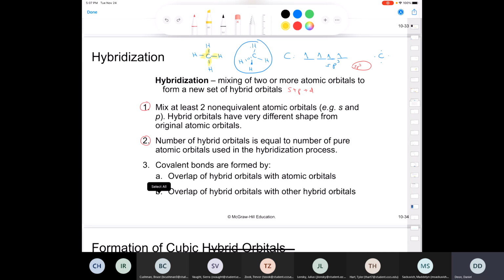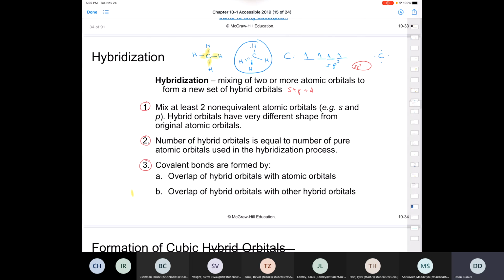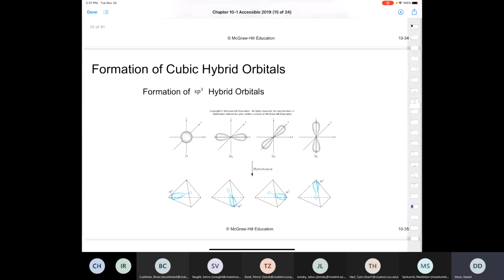They're used to make 4 hybrid orbitals. And then the third point, covalent bonds are formed by the overlap of hybrid and atomic orbitals, or hybrid orbitals with other hybrid orbitals. Well, the best way to understand hybrid orbitals is to look at them and to try some practice. But this just gets into more detail about that tetrahedral geometry, right, of our methane molecule.